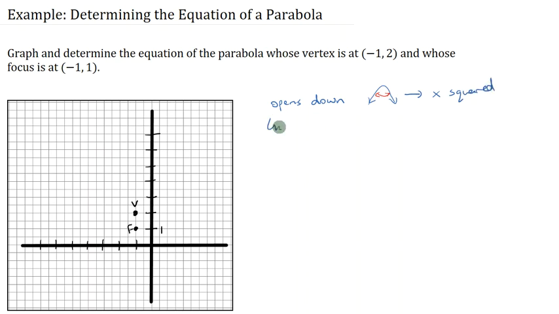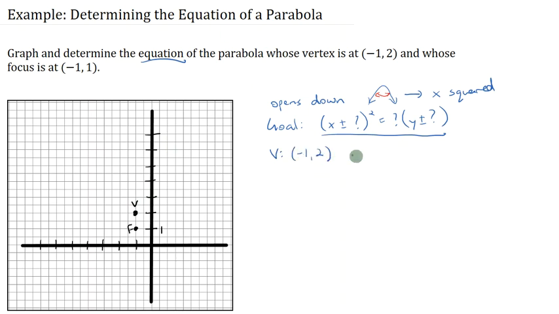So our goal, remember our x squared equation looks like this. That's what we're wanting our equation to look like. Now, we do know our vertex is the ordered pair -1, 2.